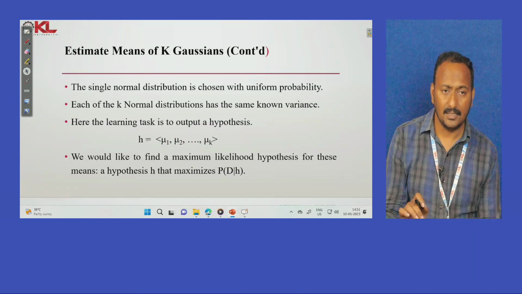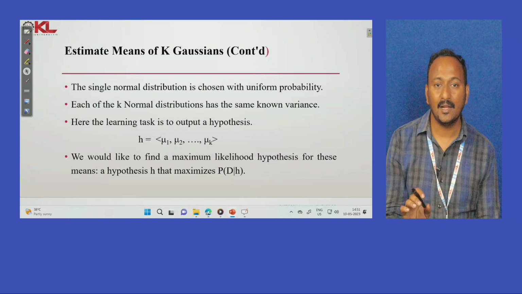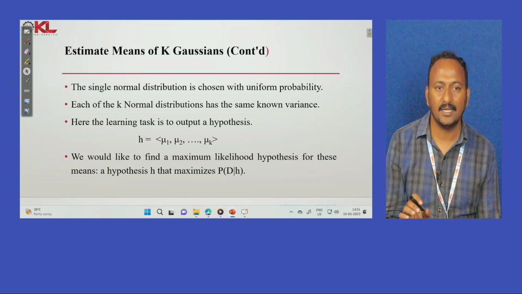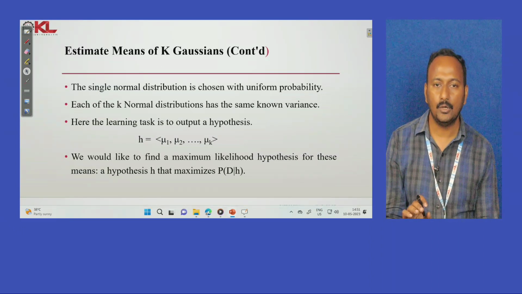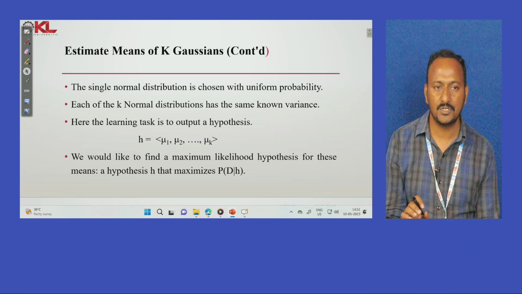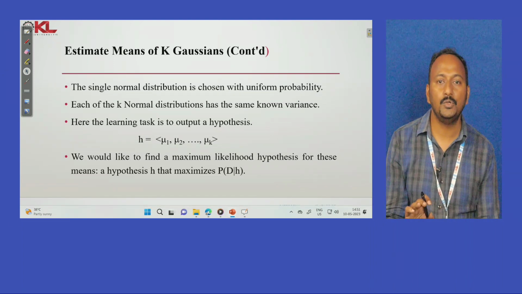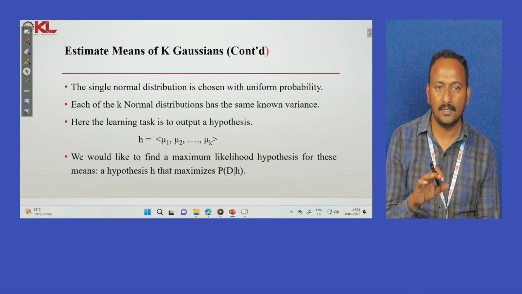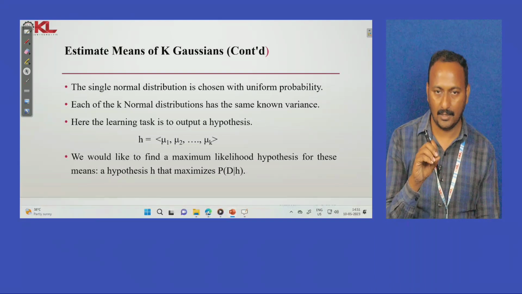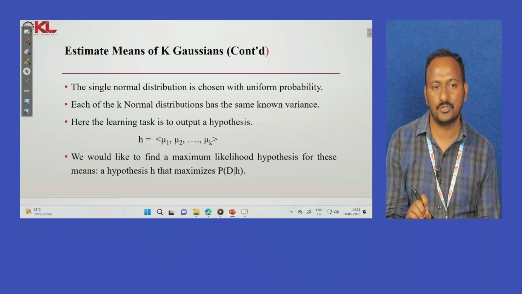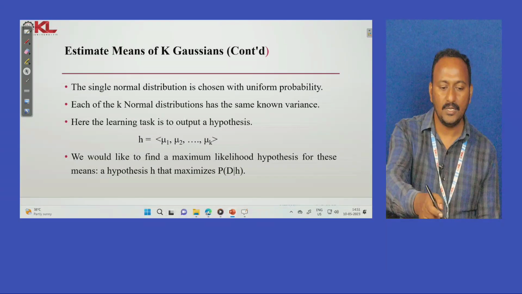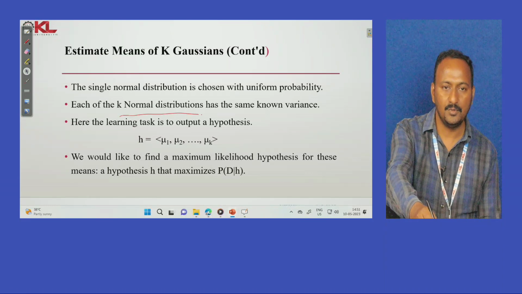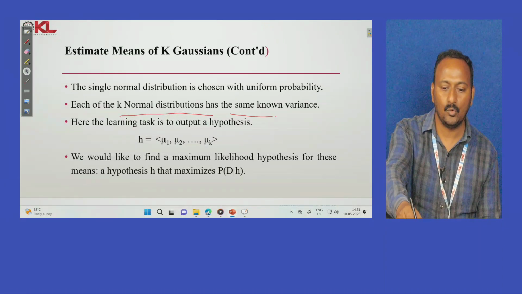How are we randomly picking these distributions? Is there any probability value for picking one of the distributions? A single normal distribution is chosen with uniform probability, meaning we have equal probability to pick any one of the k Gaussian distributions. Each of the k normal distributions has the same known variance.